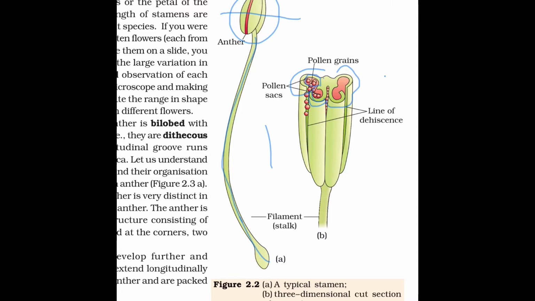An anther is a bilobed structure, and one lobe of anther has two theca, so it is called dithecous. Inside this theca there is a sac-like structure called microsporangium. Inside this microsporangium, many pollen grains or microspores are formed.